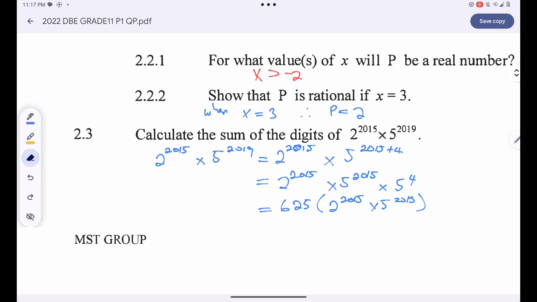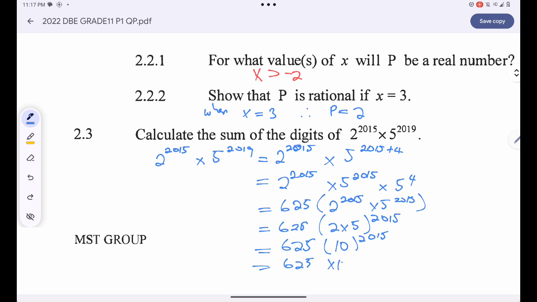So I have 625, and what's inside the bracket can be written as 2 times 5 all raised to the power 2015. So this is just 625 multiplied by 10 to the power 2015.